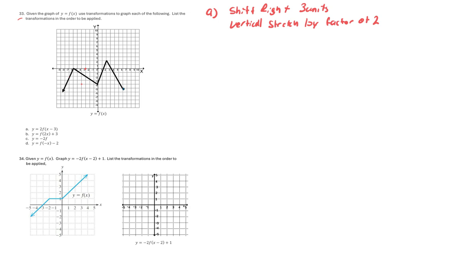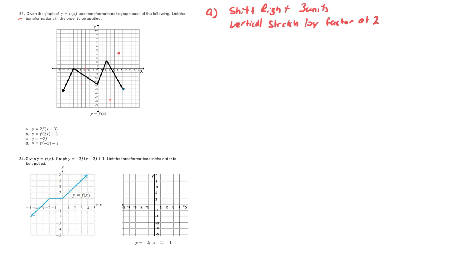The next point we'll look at is this 0, -4. So shift to the right 3 units, multiply it by 2, end up being right about there. 2, shift it right 3 units, 1, 2, 3, and multiply it by 2, be up here.